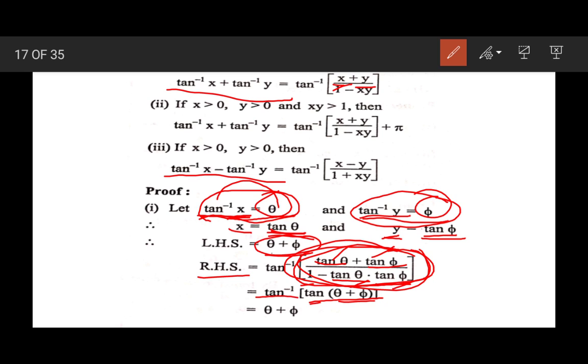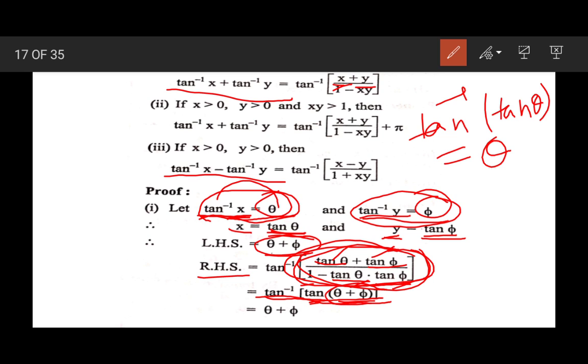Now from property number 1, if tan inverse tan theta is given, then that is simply equal to theta. So tan inverse and tan cancel out, and that term is equal to theta plus phi. The left hand side is theta plus phi, the right hand side is theta plus phi.